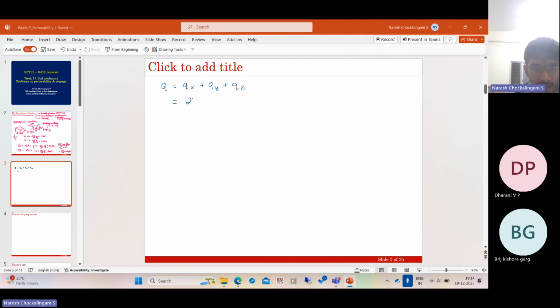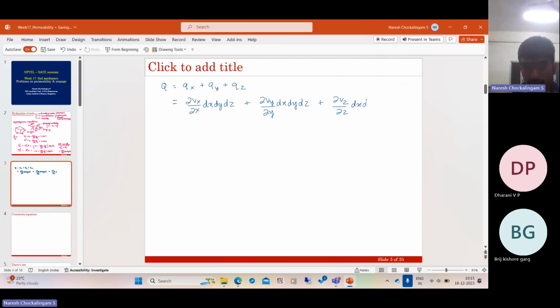So it is partial Vx with respect to x dx dy dz plus, similarly, if you do a similar analysis, this will become partial Vy with respect to y dx dy dz, and this will be partial Vz with respect to z dx dy dz. So this is the volume of water that is flowing out of this small cube per unit time.